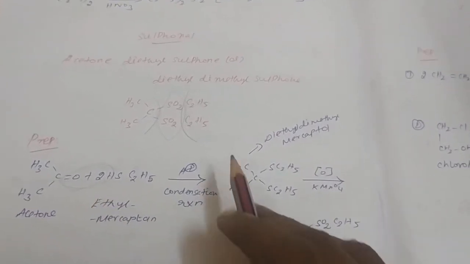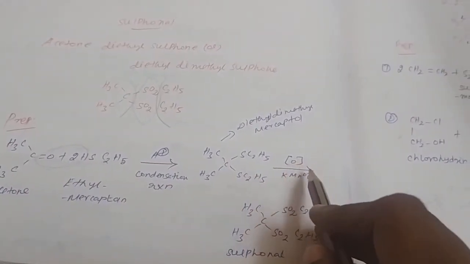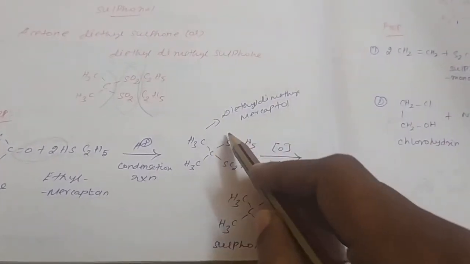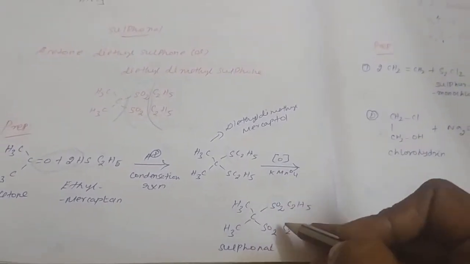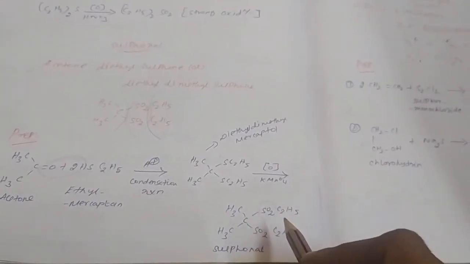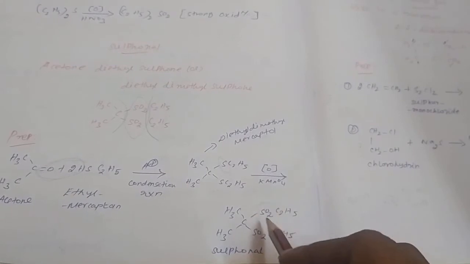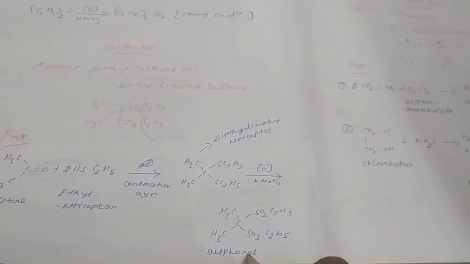This then undergoes oxidation in the presence of KMnO4. Sulfur is oxidized to sulfur dioxide, so S converts to SO2. So this is the sulfone, and you get sulfonol.